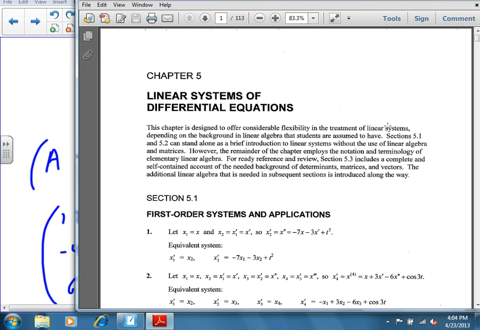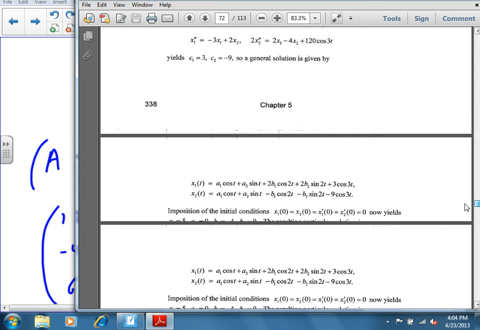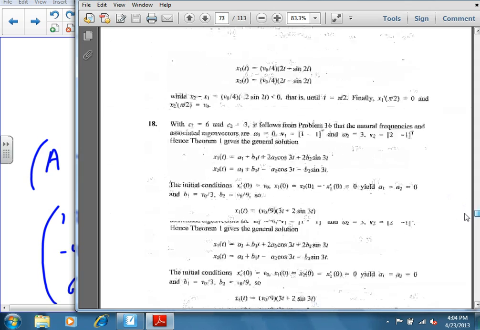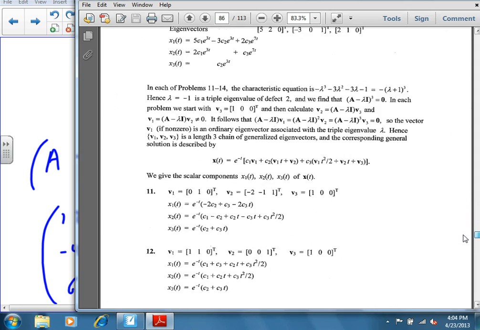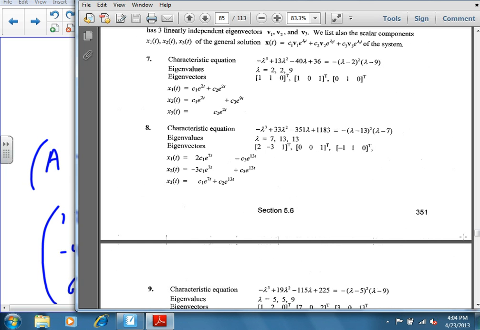All right. And we're looking at 5.6, number 8. So we did that. We got that. We got this: 0, 0, 1 and minus 1, 1, 0.